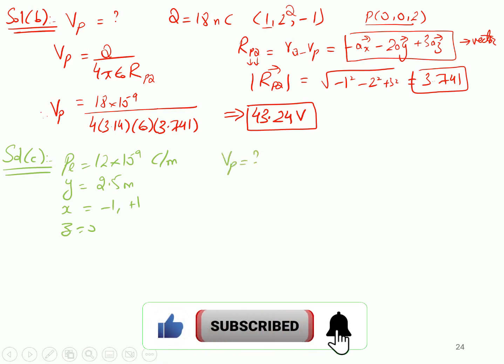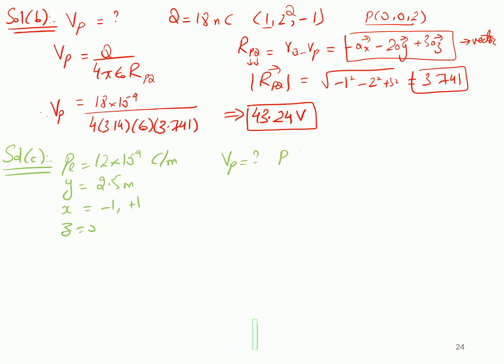Now this is basically a line charge distribution, so we can use the line charge distribution to find V of P, which is at the point 0, 0, 2. In order to find this, let us first visualize it. If I have the axes, this is y, this is x, this is z, and the line is along x at y equal to 2.5.